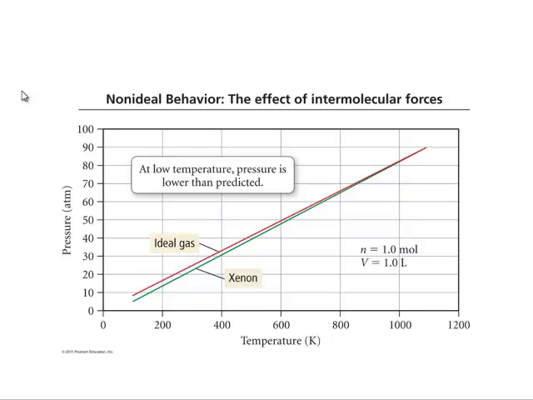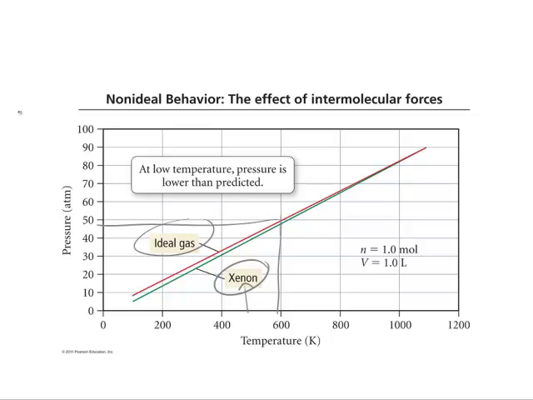But at lower temperatures and lower pressures, the attraction between molecules or atoms of a gas can start to decrease their pressure. So what we can see here is the plot of pressure as a function of temperature for an ideal gas in the red line, and xenon for the green line, or real gas. You can see that the calculation from PV equals nRT for the red line starts to deviate as you decrease pressure and volume. And intermolecular forces again are the attraction between xenon molecules.